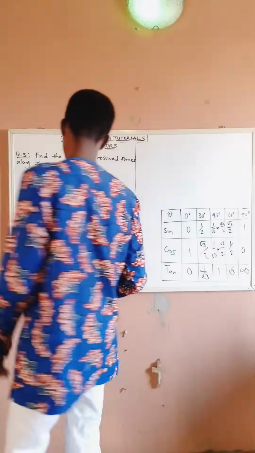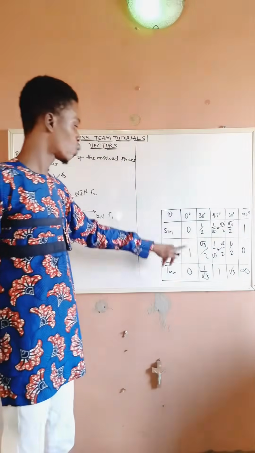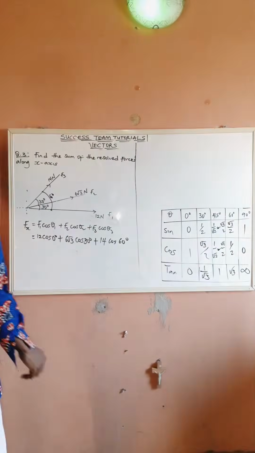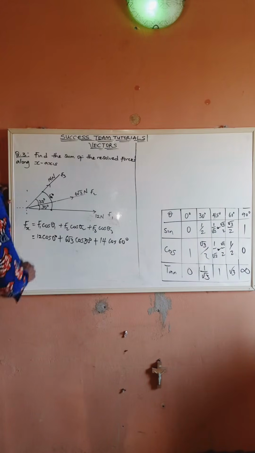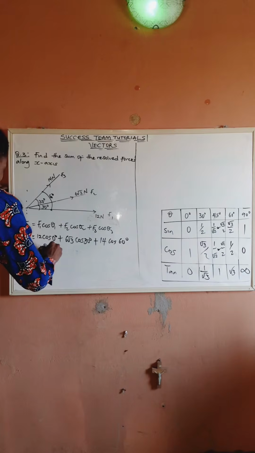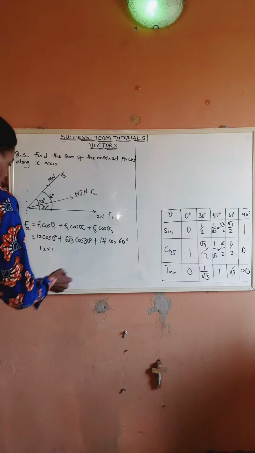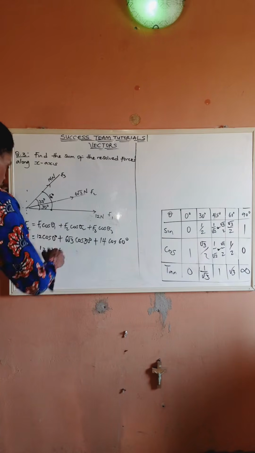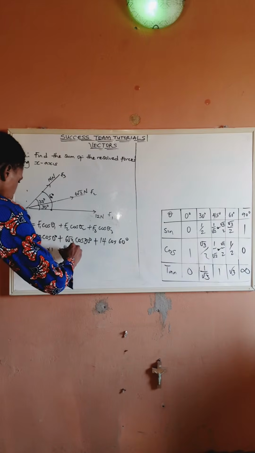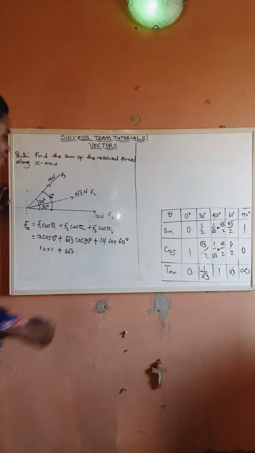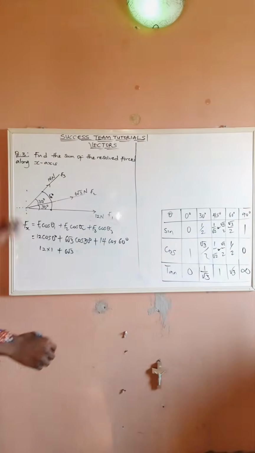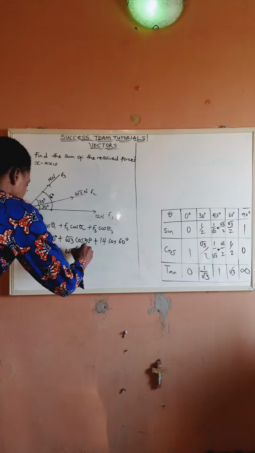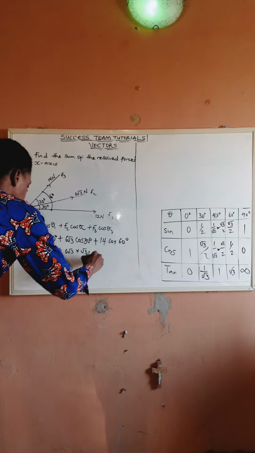Cos 0 is 1, so I'm going to have 12 times 1, plus 6 root 3 cos 30. Cos 30 is root 3 over 2, so times root 3 over 2.